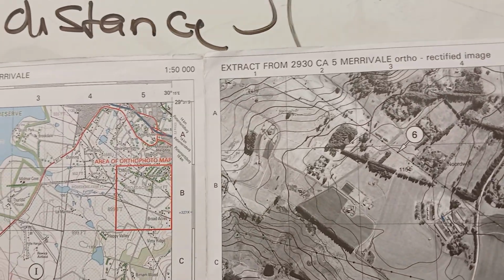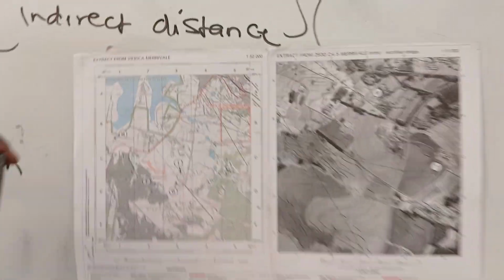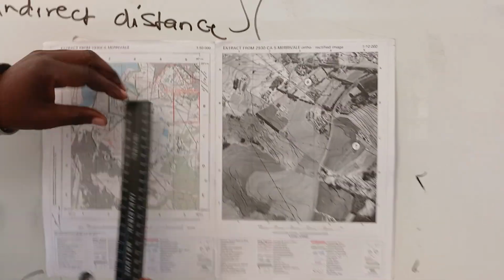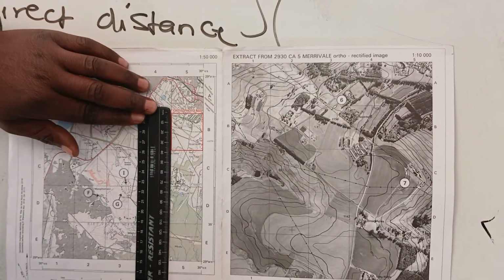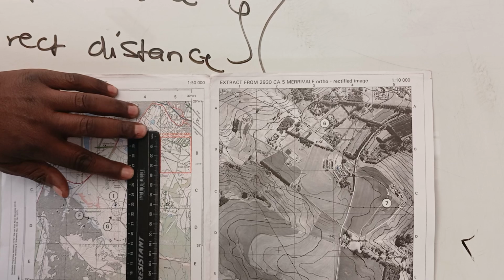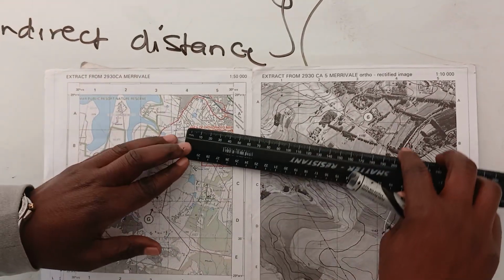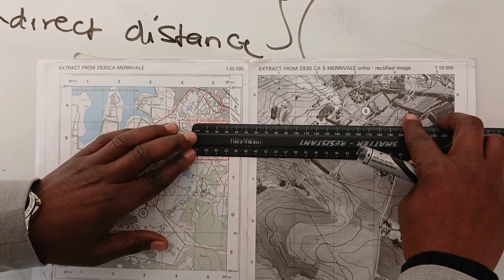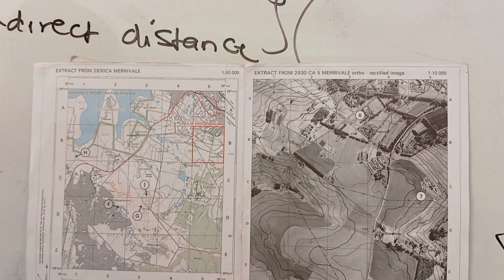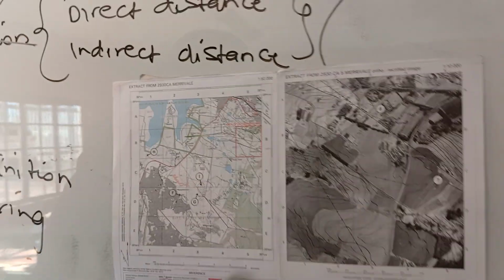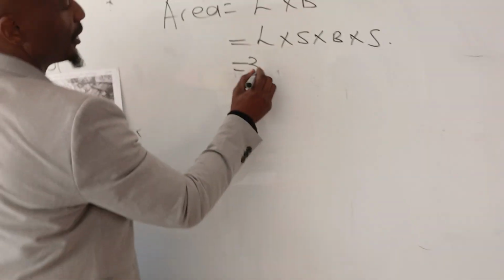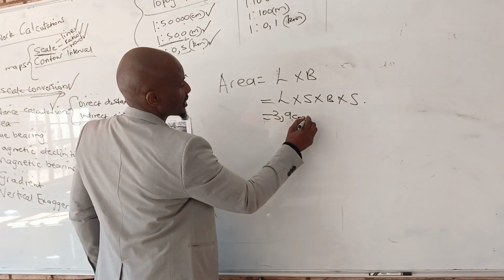So what is it that you're going to do? The first thing, you are going to measure the red box. You're going to get something like 3.9 centimeters, then we also have 3.3. So the longest side becomes your length.